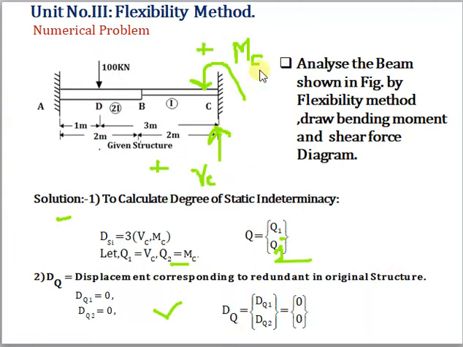In case of Vc, there is no sinking and no spring force, so displacement will not be there. So DQ1 is equal to 0. Also, due to the moment, there is no rotational displacement in the direction of Mc, so DQ2 is equal to 0.